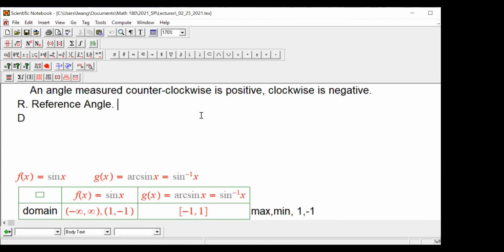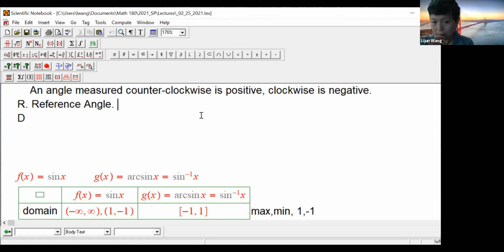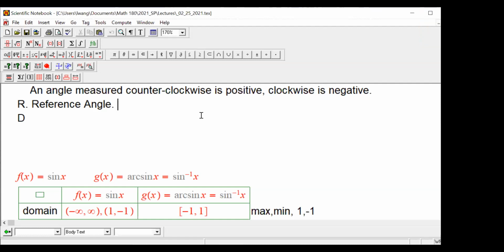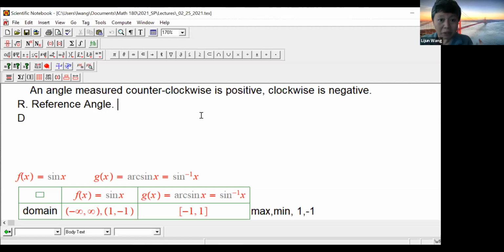Isn't it the angle from the axis? Can you give me a complete sentence? Wouldn't it be the measurement from the x-axis? Give me a complete sentence to describe what a reference angle is.